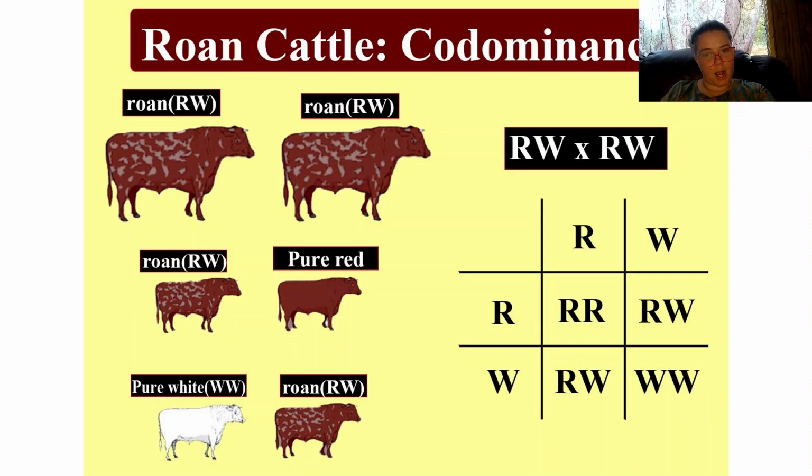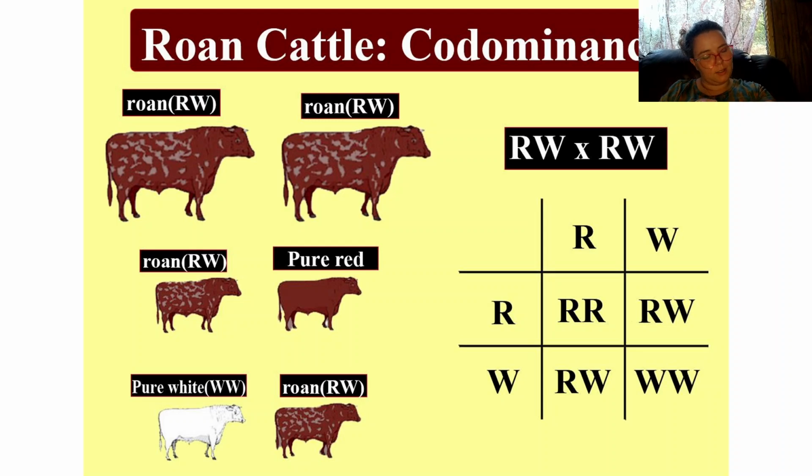And if you were to cross 2 roan cows, some people that don't know genetics might go, oh yeah, you'll just get a bunch of roan cows because they're the same kind of cow color. You'd get 2 roan cows. Kind of like if you have blonde parents, you're probably going to be blonde.